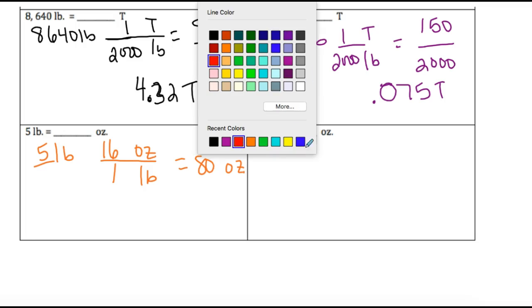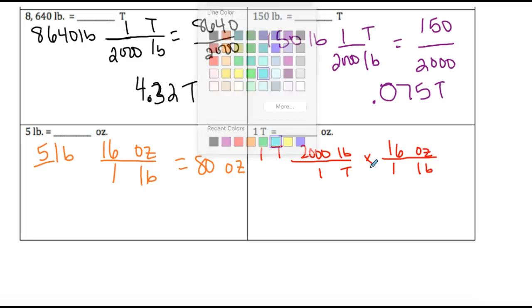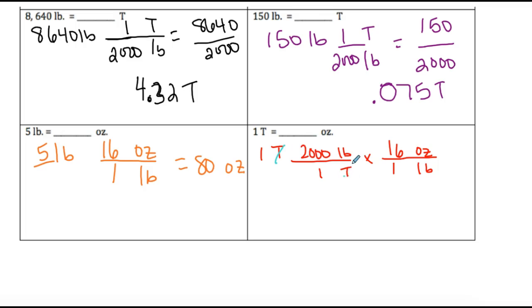One last example for this section, 1 ton to ounces. I have 1 ton, and what I know is that 1 ton is 2,000 pounds. And then I know that 1 pound is 16 ounces. Let's take a closer look at what I did here. T would cancel with T because one's on top and one's on bottom. Pounds would cancel with pounds.